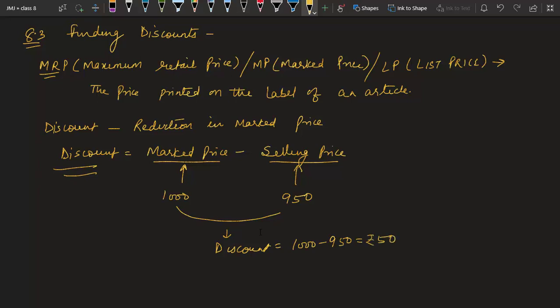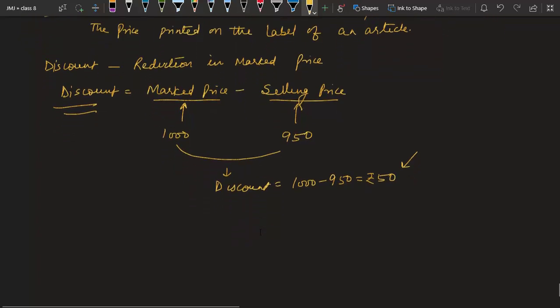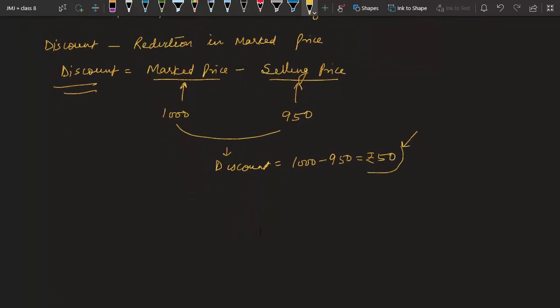This was the concept of discount. Suppose you want to find how much discount percent was given. To find discount percent is also a very easy thing. We have got the value of discount. To find discount percent is very simple.